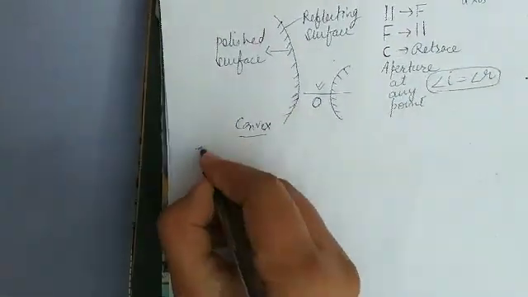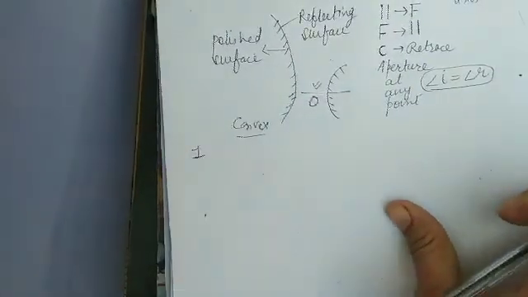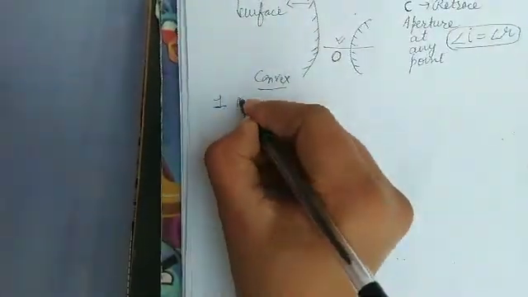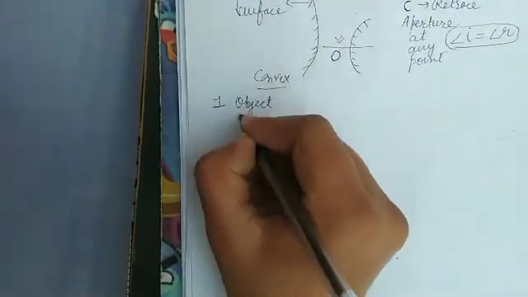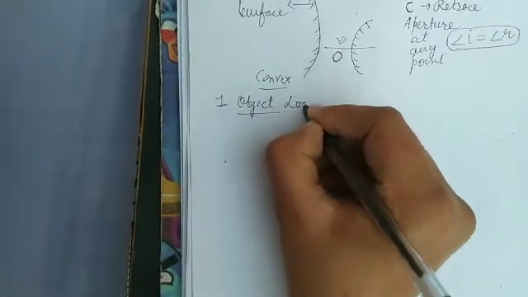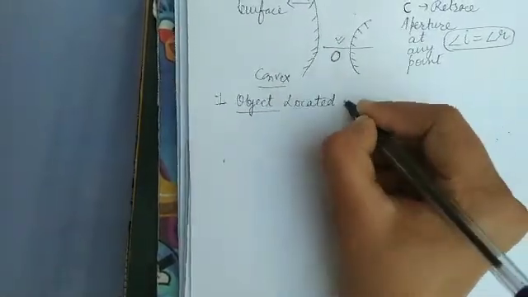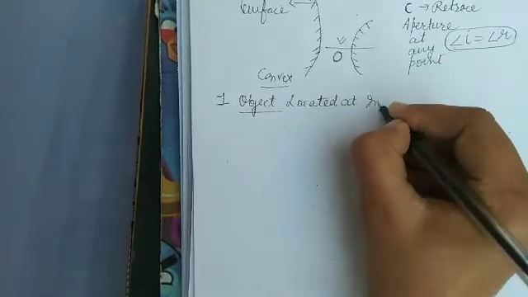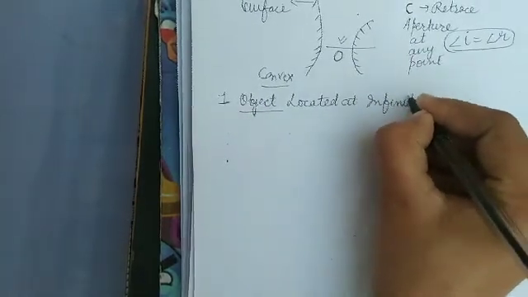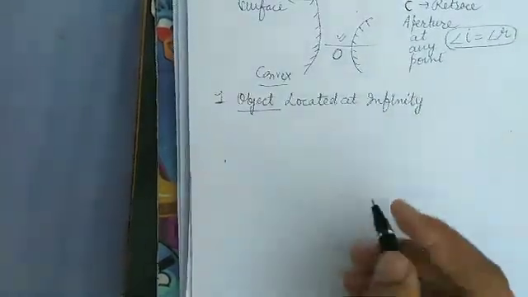Okay, so first, we have to fix the object location. When the object is located at infinity, at infinite distance, we have to draw its image.